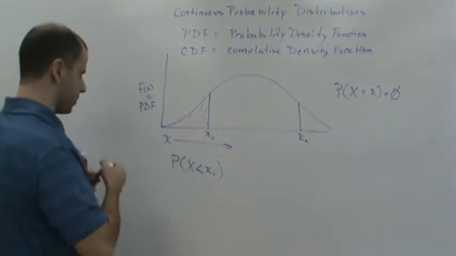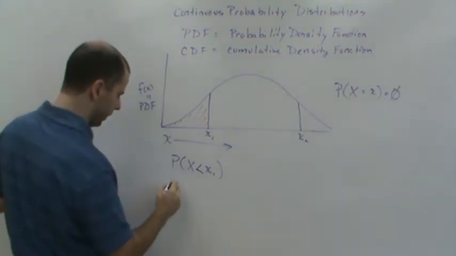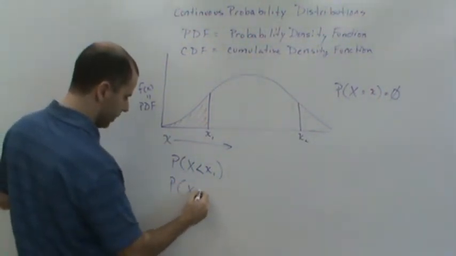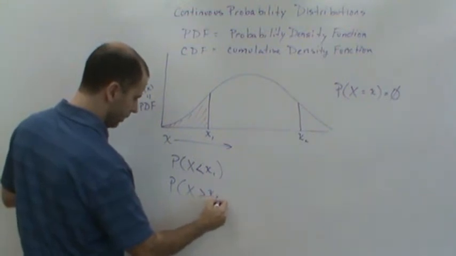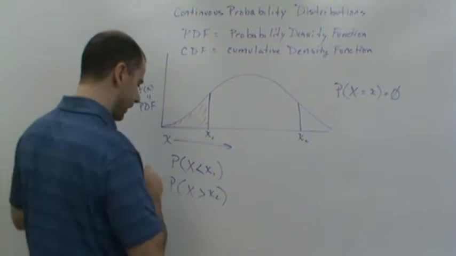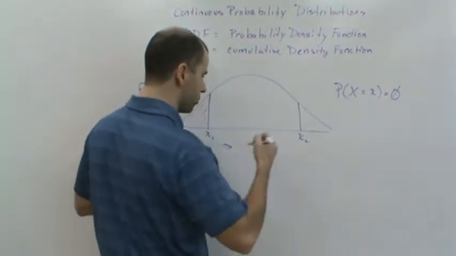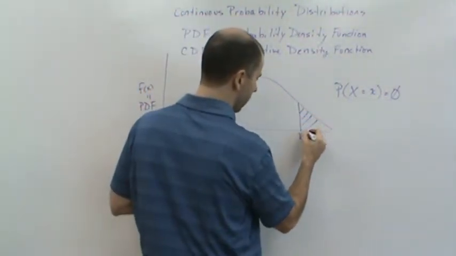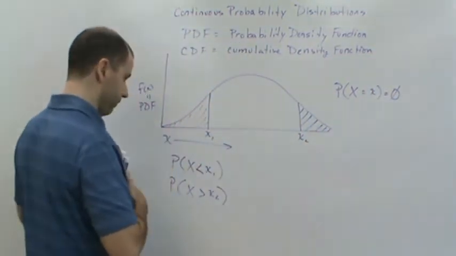Or we might be interested in the probability of x being greater than x2, right? Let's say that. So in that case, we would be interested in that area, right?